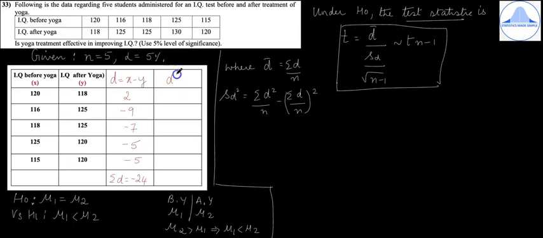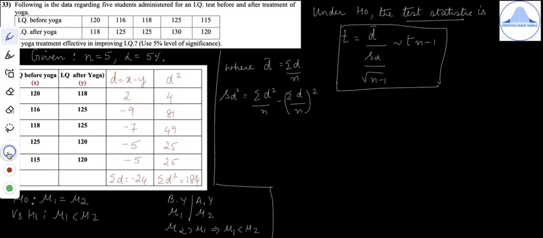Then you can find out d square, which is 4, 81, 49, 25 and 25. So next find out summation d square. It is 184.